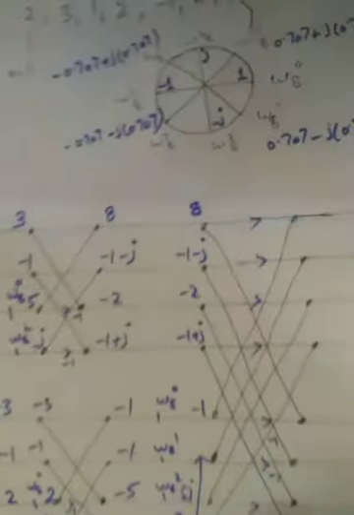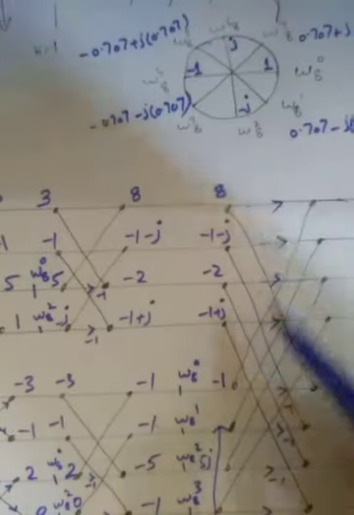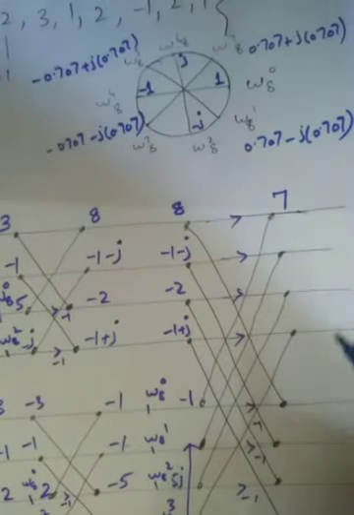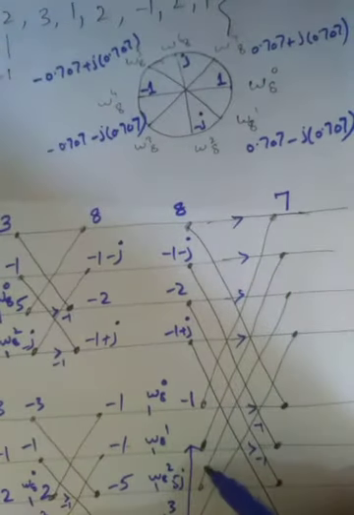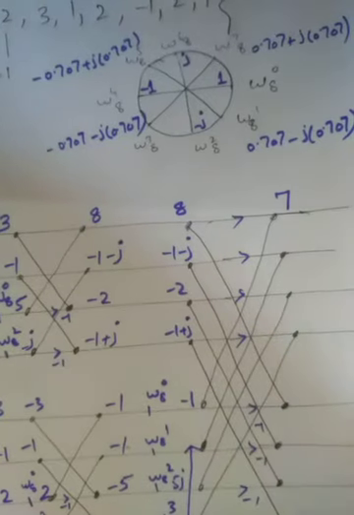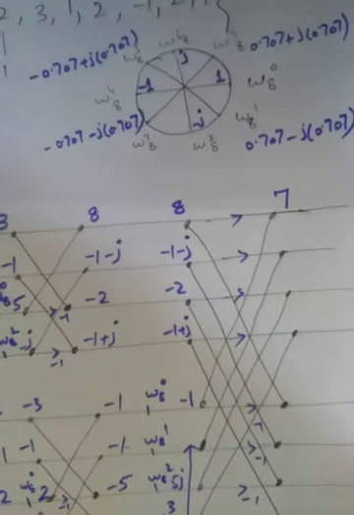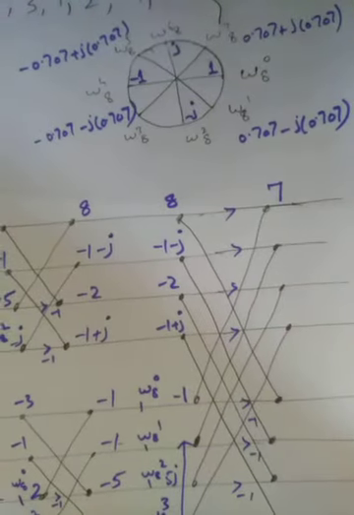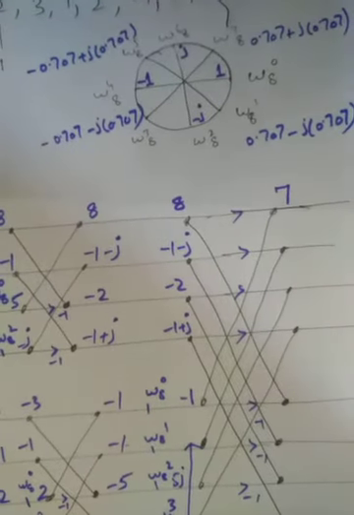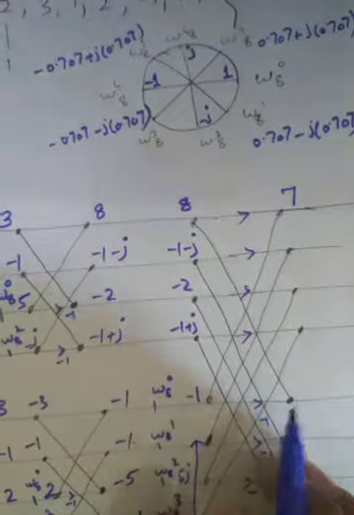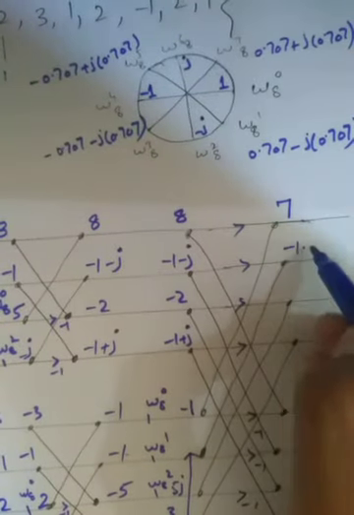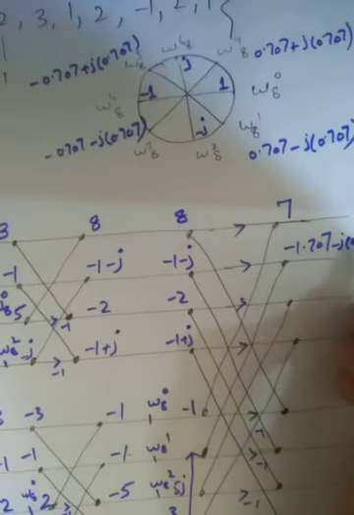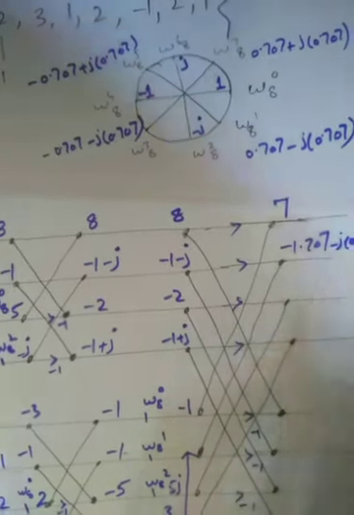So again we repeat these steps. 8 minus 1 is equal to 7. Minus 1 minus j plus this value, minus 0.707 plus j into 0.707. We get here the value minus 1.707 minus j into 0.293.